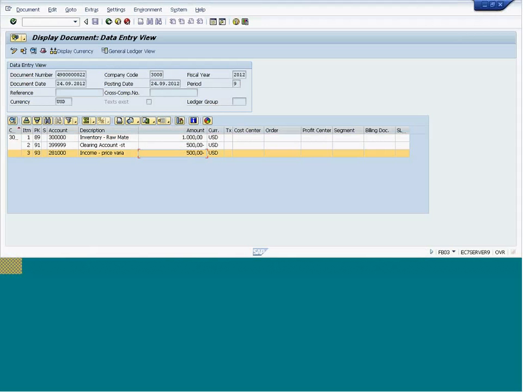Now you are showing your inventory as 1,000, which means actually it is not 1,000, it is just $500. So they have to make the adjustment entry at month end. Normally they don't do it till year end. They come up with the total variance and adjust that, or quarterly they do.